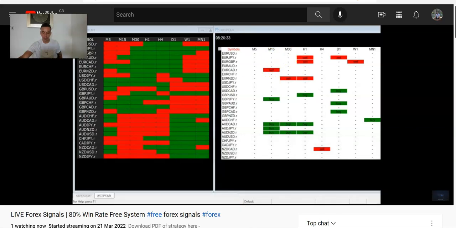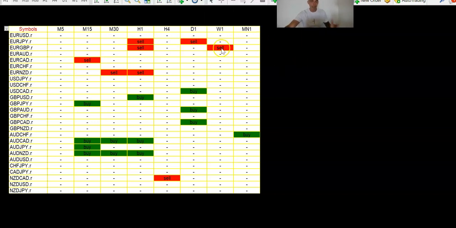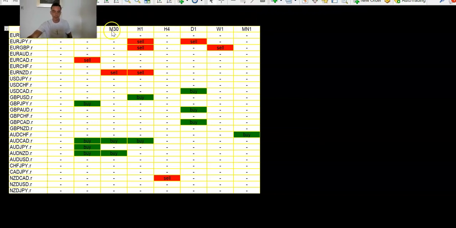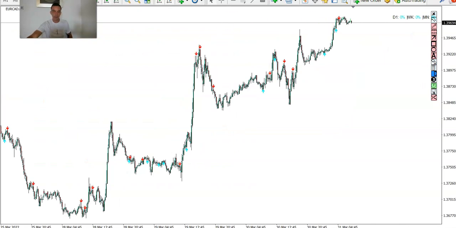Now I'm just going to pull it up on my actual MT4 and we'll have a look at it. You can see here on the charts we're getting a 15-minute signal on the Euro CAD. Say I was looking at a signal on the Euro CAD today, all you need to do is open up your charts, or whatever trading platform you're using, and open up your 15-minute chart.